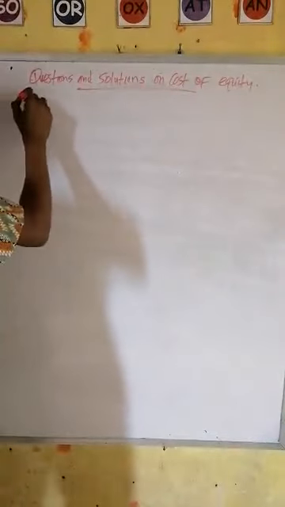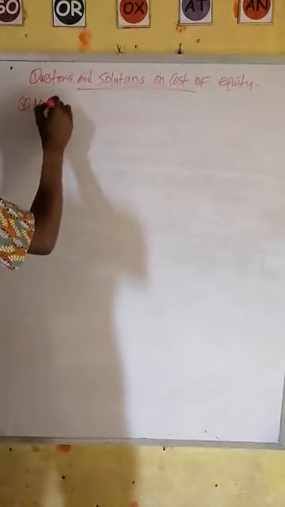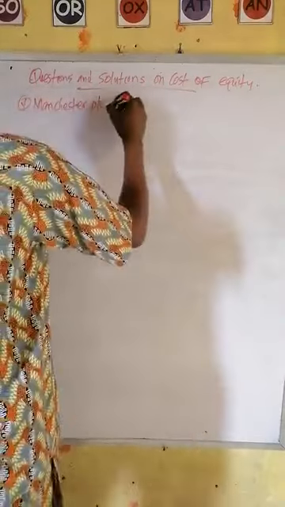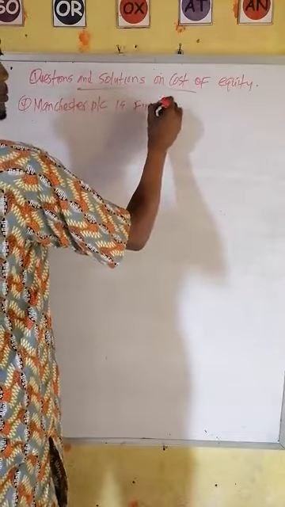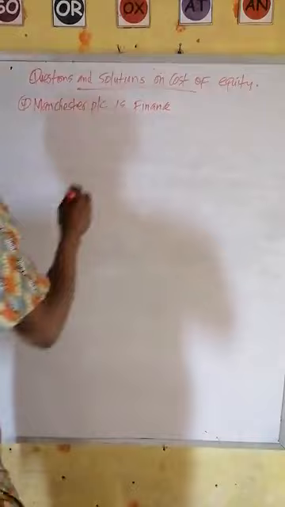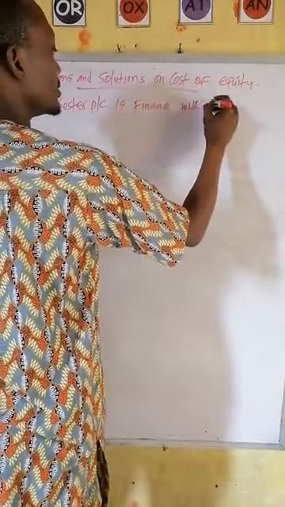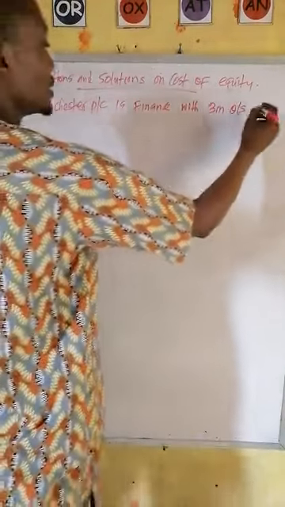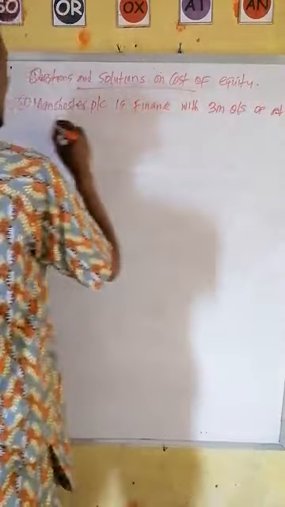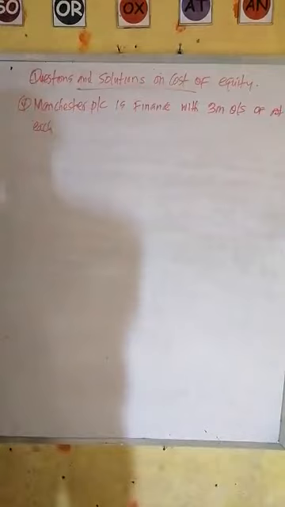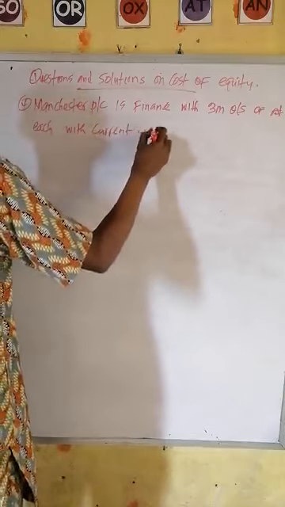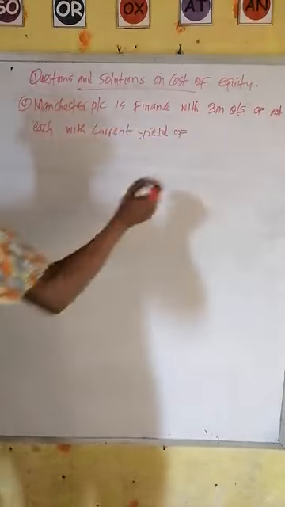So another question, let's look at this. It says Manchester PLC is financed with 3 million ordinary shares of 1 naira each, with current yield of 9%.